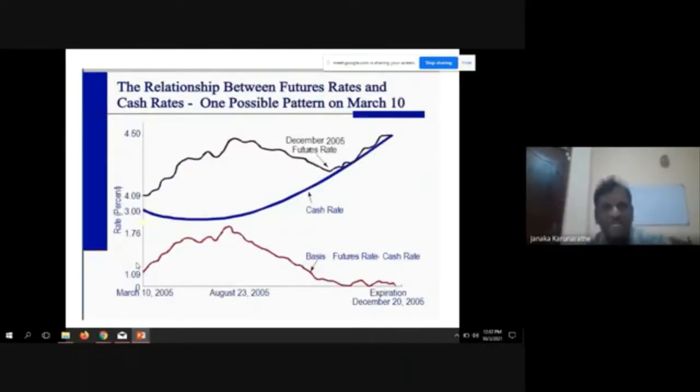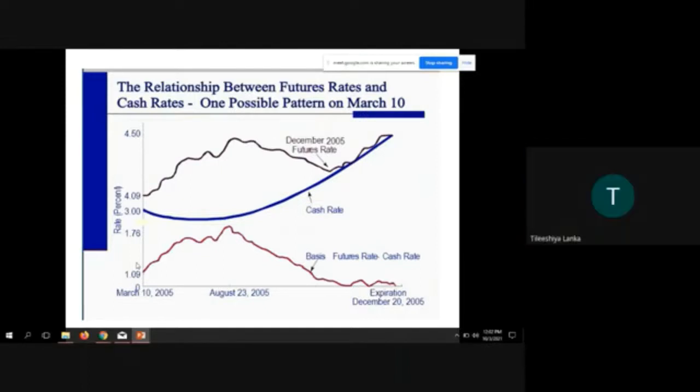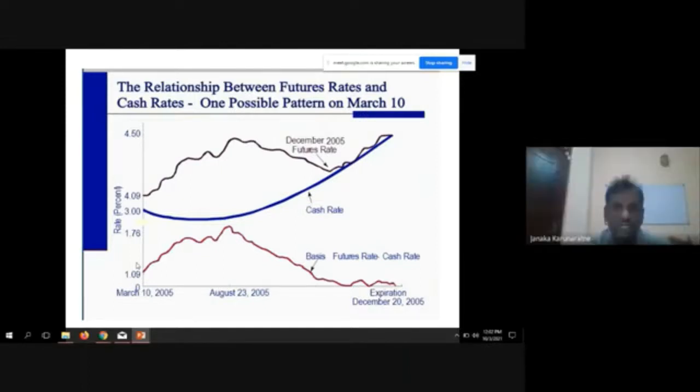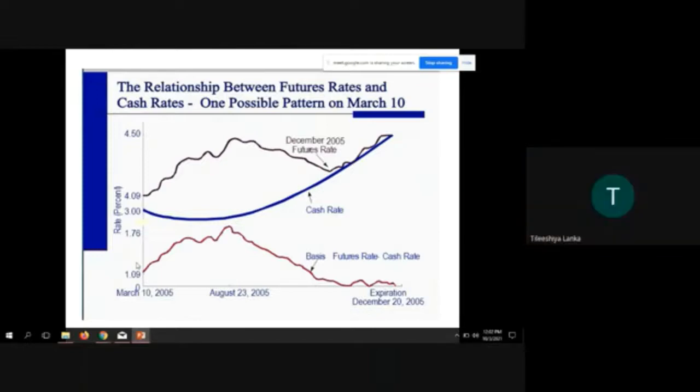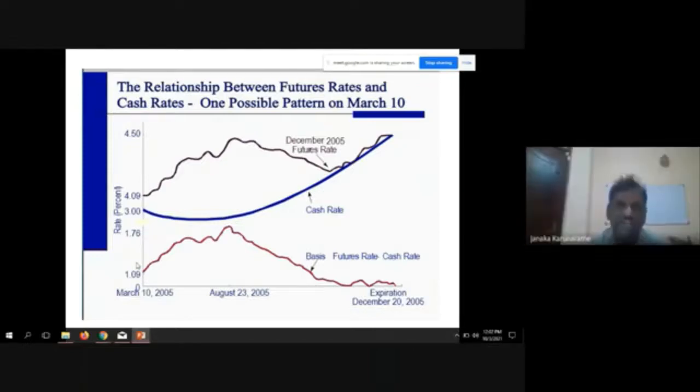Now this is an example I can highlight on a December 2005 futures rate contract. You see this is the interest rate, this is the expiration date, expiration in December. This is the cash rate in the cash market, and this is the futures rate in the same instrument's futures market.